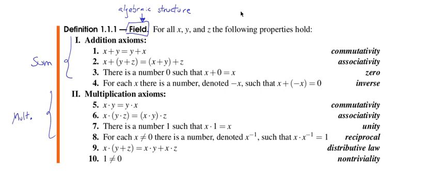So what is an axiom? An axiom is kind of a hypothesis, or an assumption. In math, when we're defining a system, we need to set up some axioms such that we know how to deal with the system.